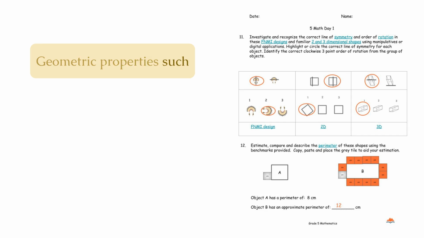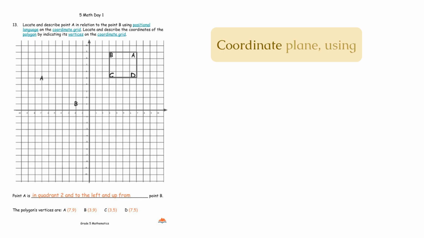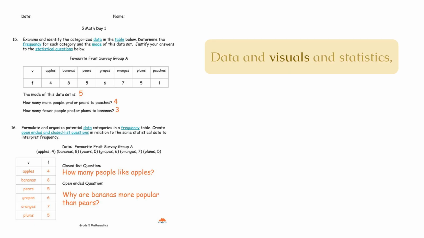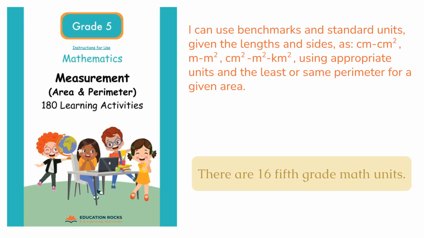Geometric properties such as symmetry, indigenous designs, and perimeter. Coordinate plane using coordinates, polygons, and vertices. Arithmetic sequences using table of values and coordinate grid. Data and visuals and statistics such as frequency tables, closed list, and open-ended questions. There are 16 5th grade math units.